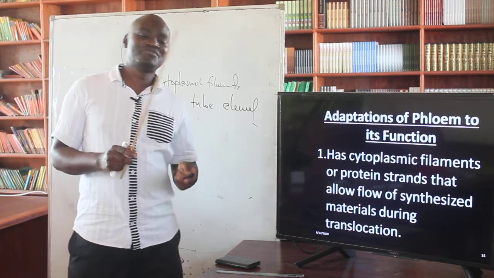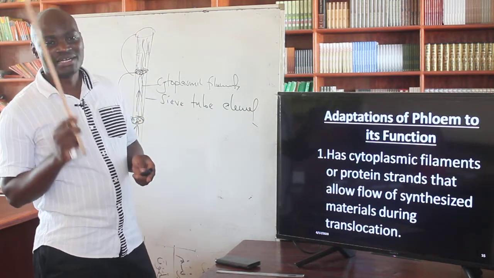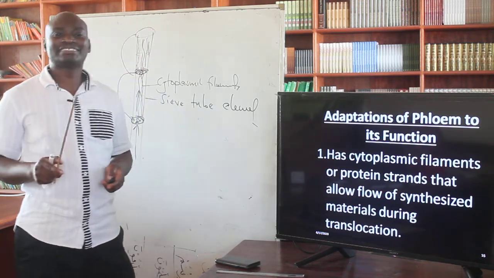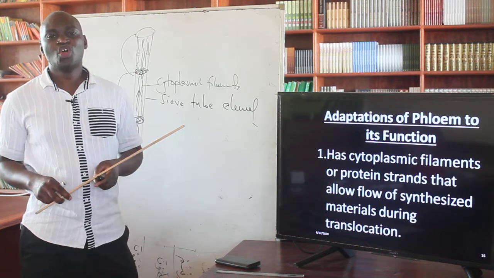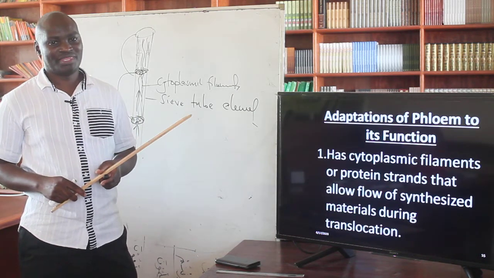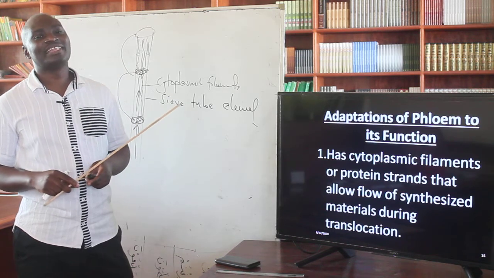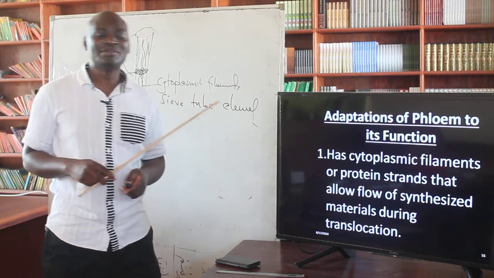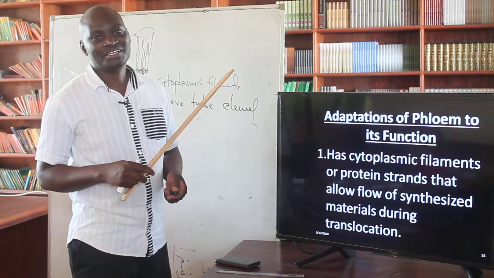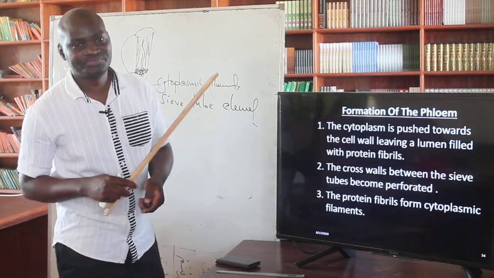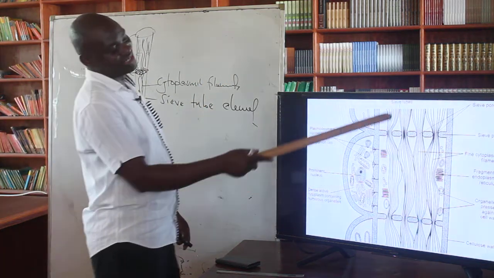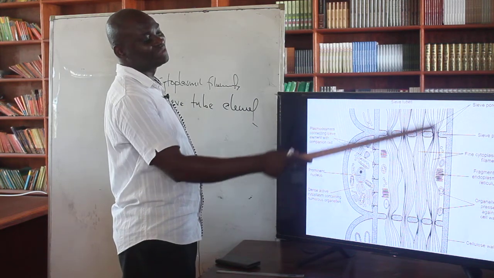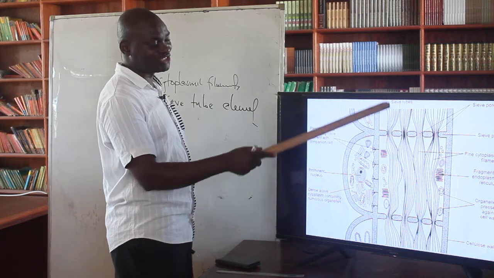So one of the adaptations of the phloem is that the phloem has cytoplasmic filaments or protein strands that allow for the flow of synthesized material during translocation. So if we come back to this structure, one of its adaptations is that it has cytoplasmic filaments, this thread-like structure.